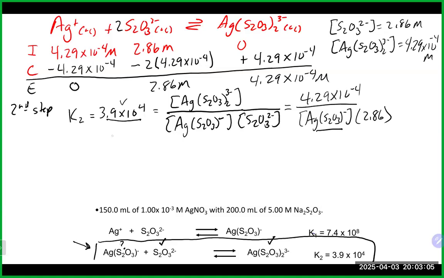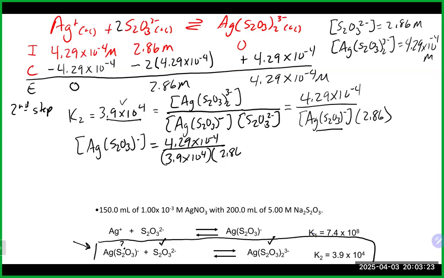And that's going to get us that the AgS2O3 minus concentration equals 4.29 times 10 to the minus 4 divided by 3.9 times 10 to the 4 and 2.86.